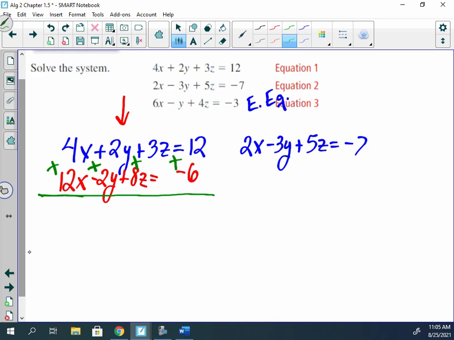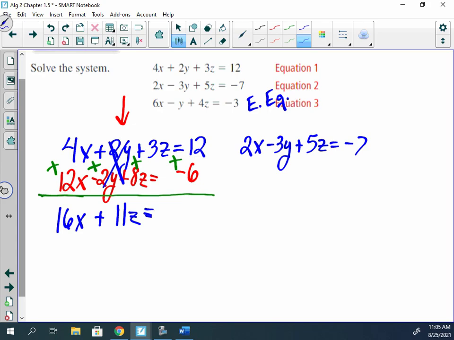4 plus 12 is 16. Let's keep it in blue. So we have 16x. 2 plus negative 2, or 2 minus 2 is 0, just like we wanted. And 3 plus 8 is plus 11z.